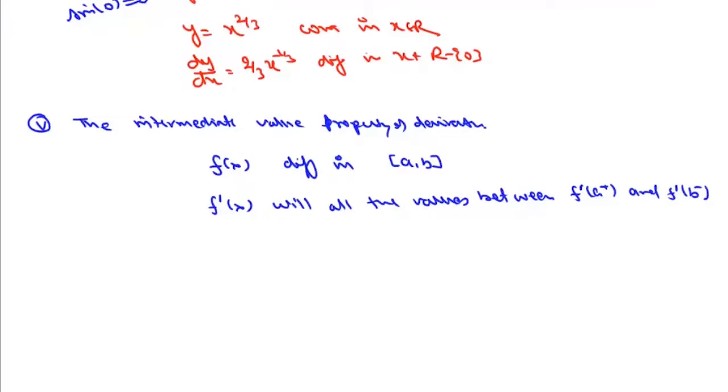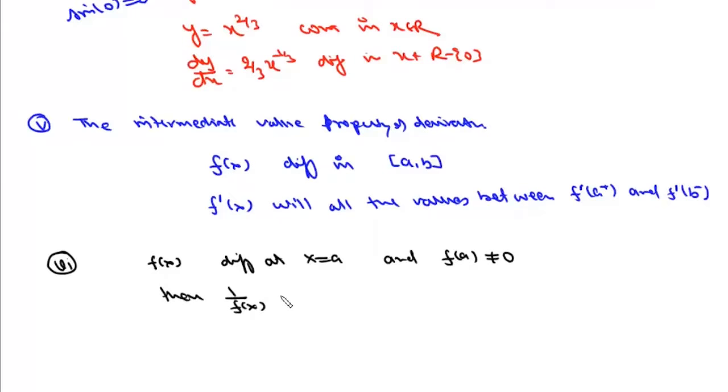Now, sixth result, it is also a theorem. It says, if a function f(x) is differentiable at x equal to a and if f(a) is unequal to 0, then 1/f(x) is also differentiable at x equal to a.